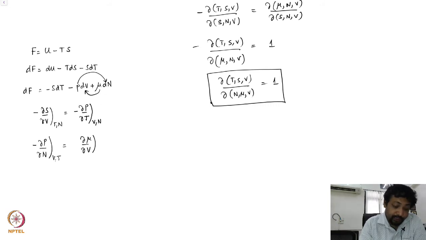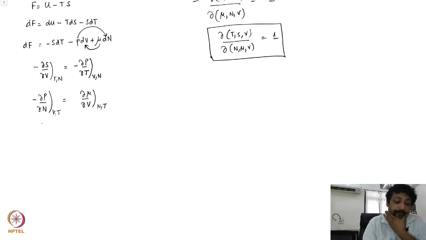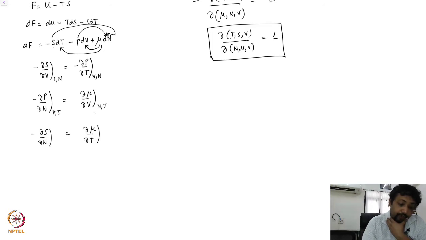When you do del mu, del V, N and T are held constant. And finally you have the last relation where you use S with N, and mu with T. So minus del S, del N is equal to del mu, del T. When you do del mu, del T, your N and V are held constant. In this case, when you do del S, del N, your T and V are held constant.